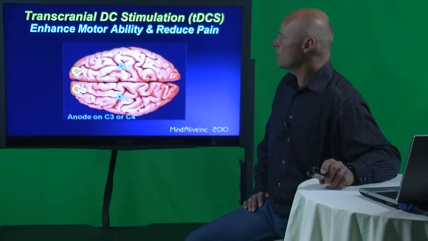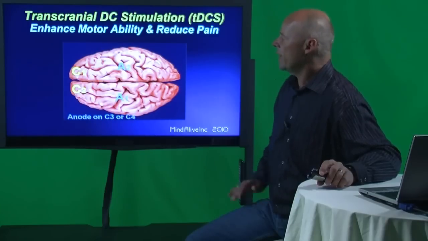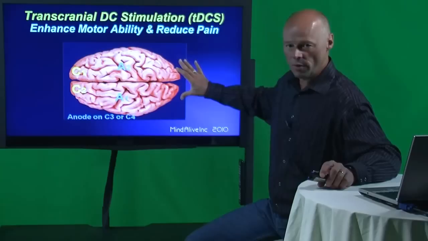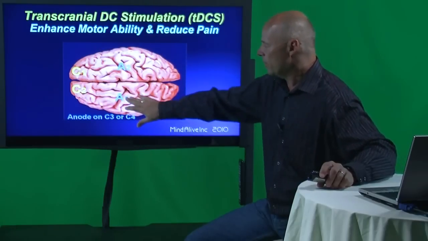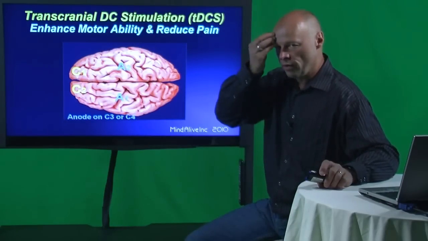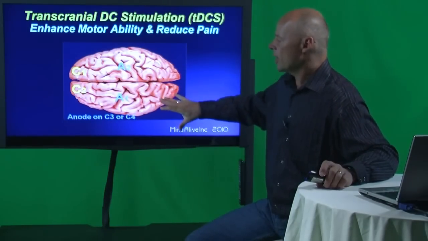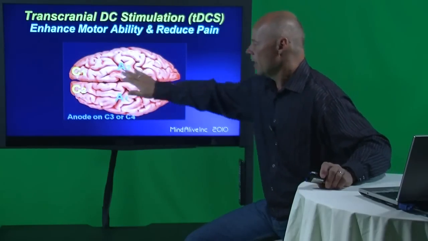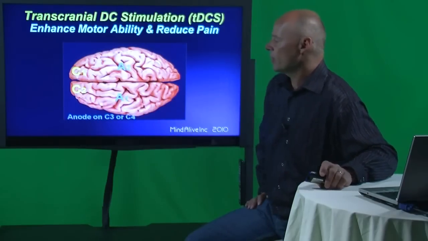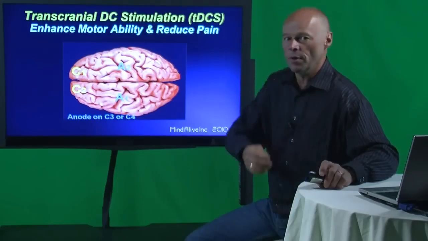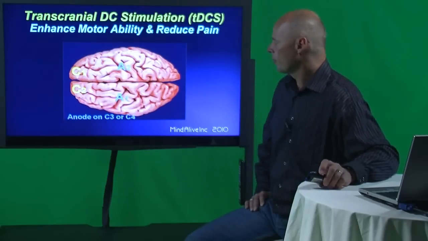In the case of enhancing motor ability and simultaneously reducing pain, it was shown that, for instance, for right side body pain, you could place the anode over C3 and the cathode over FP2, or the prefrontal cortex. For left side body pain, place the anode over C4 and place the contralateral cathode over FP1, and again above the orbit of the left eye.